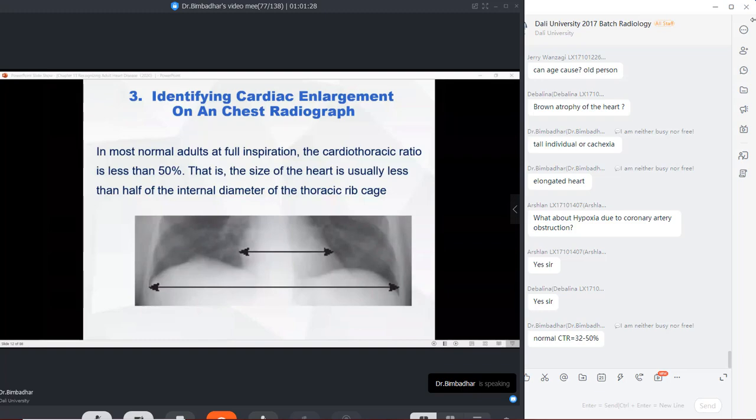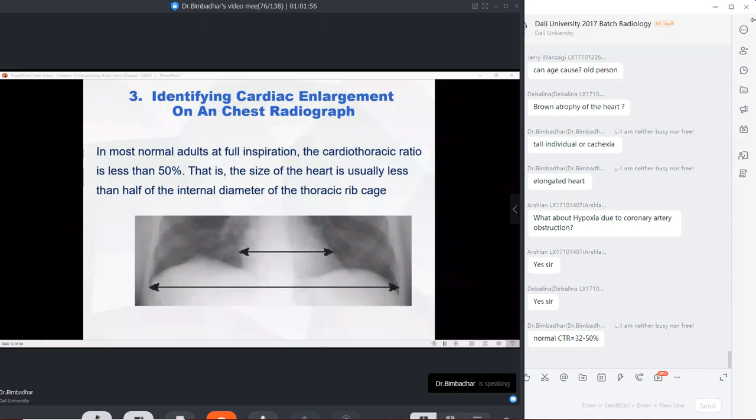Okay, we call it a real small heart, a very small heart, the heart that doesn't grow. We will talk about that interesting clinical condition later on in some other class. But yes, there are some heart conditions where the cardiothoracic ratio will be much less than 30. We will talk about it, but not necessarily now. Let us not deviate from the chapter.